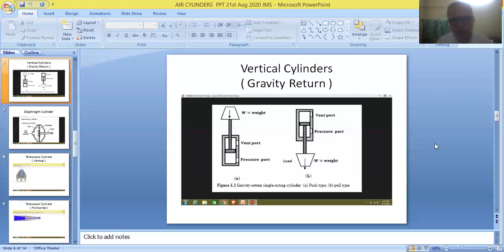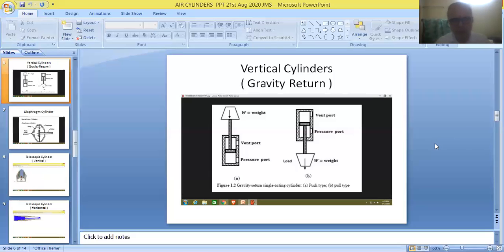So friends, normally cylinders are arranged in horizontal positions, and in some special cases, they are also arranged in vertical position for performing lifting operations. Therefore, they are called vertical cylinders.